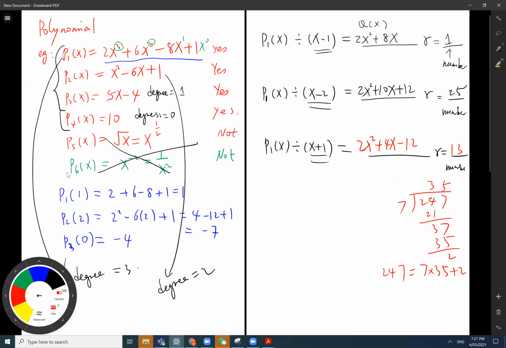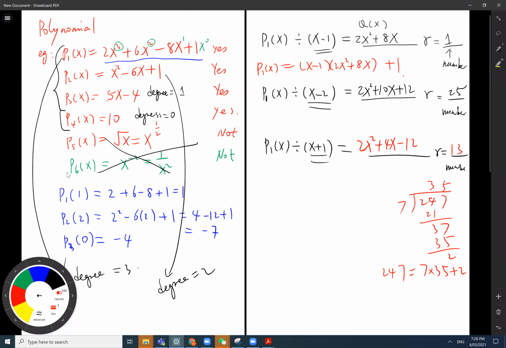Isabella, change the first one to multiplication. P1 equals x minus 1 times 2x squared plus 8x plus 1. Very good.